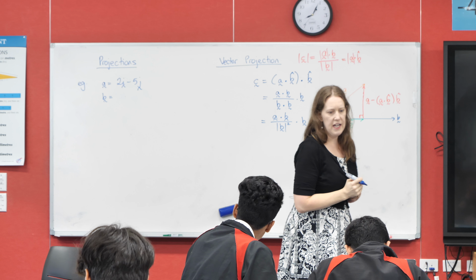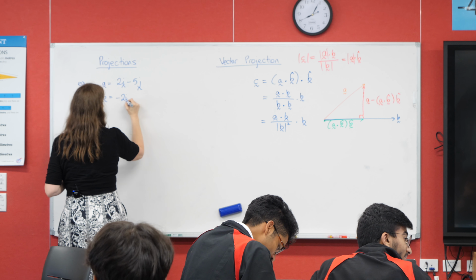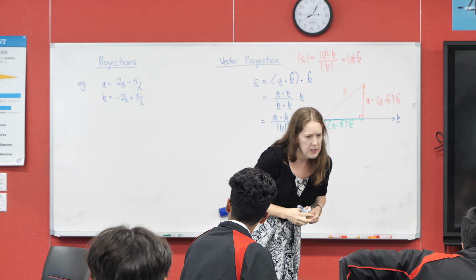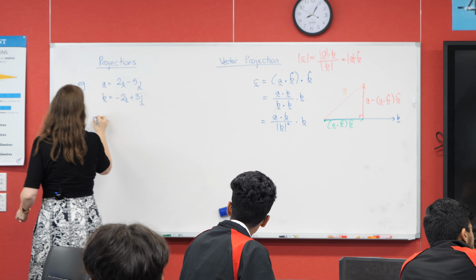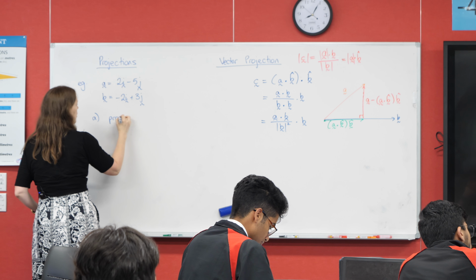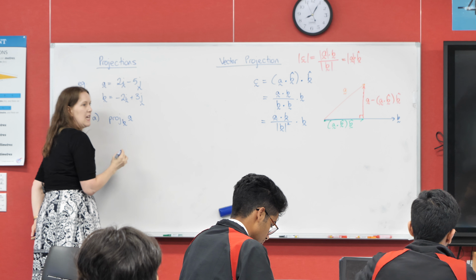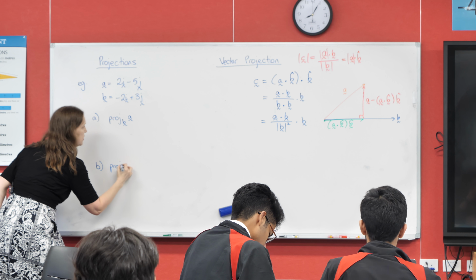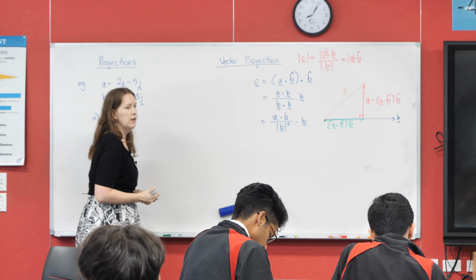So this one is this vector and this one is this vector. Have I got the right way around? Yes. So can you find me, we'll work through together, the projection of A onto B. And then for those who want to go ahead, we are going to do the projection of B onto A as well.